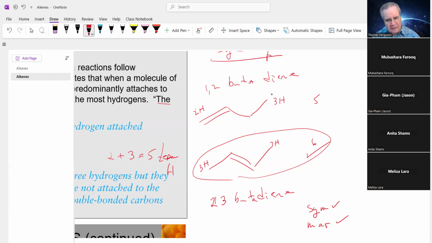Now, you're going to get a mix of both of them. There's a statistical deal like how much more stable is the 2,3 over the 1,2. It just depends. But you'll end up with more of one than the other. It could be like a 60-40, something like that. Now, the problem is, if the goal of the reaction is to obtain a 1,2-butadiene, then you've got to figure out a way to differentiate between these two chemically.